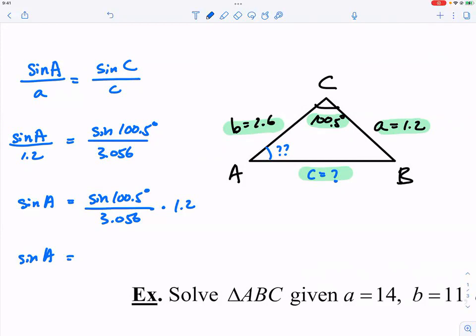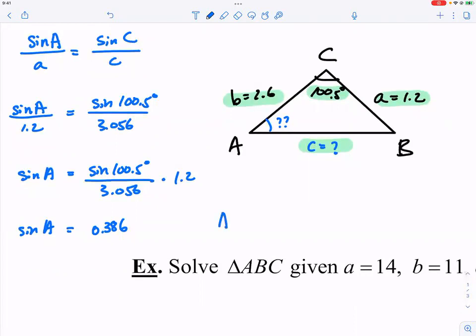So now you can go ahead and calculate this. Sine of 100.5 times 1.2 divided by 3.056, which gives you 0.386. Now, this is where your notation is very important. This 0.386, it's sine A. It's not A yet. To get A by itself, you have to do the inverse.